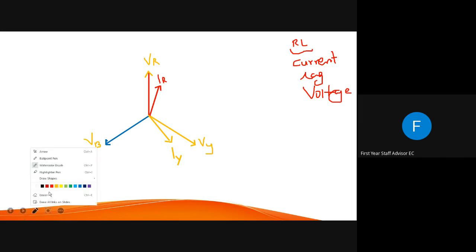Also, I am drawing IB expecting that it is lagging behind VB. So this is IB. Are you clear with this phasor diagram?